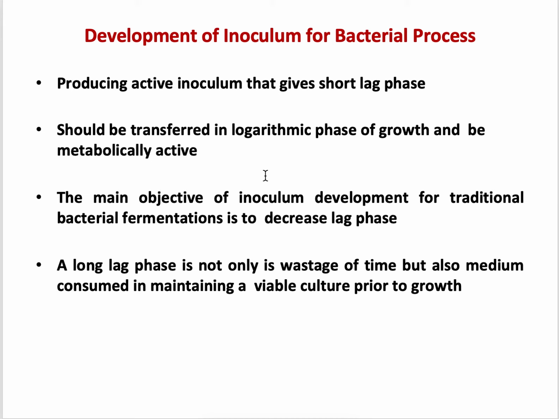A longer lag phase means loss. How? If we transfer the inocula in their lag phase, the bacteria first need to grow and reach the logarithmic phase. So it will require some time, and it will lengthen our fermentation process.